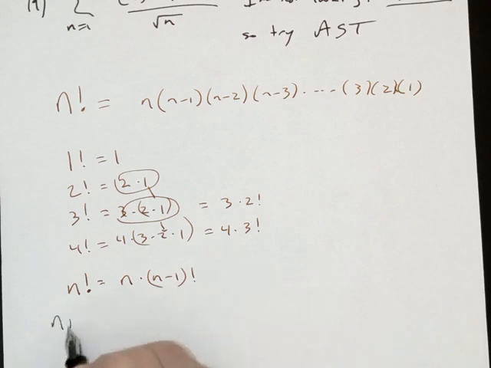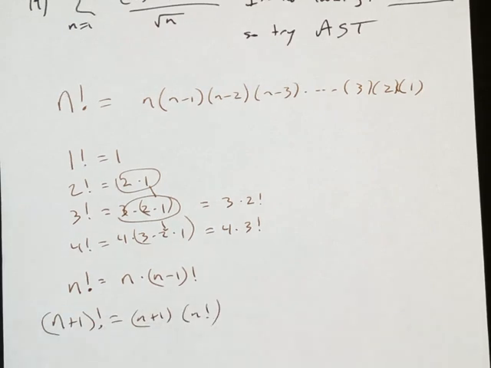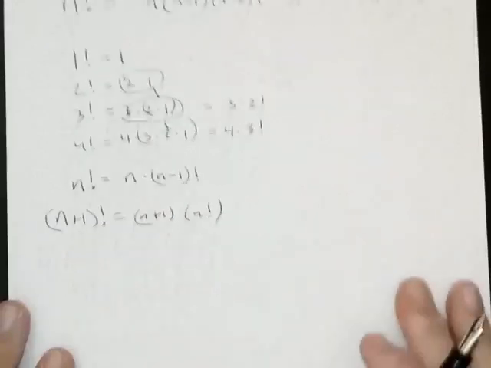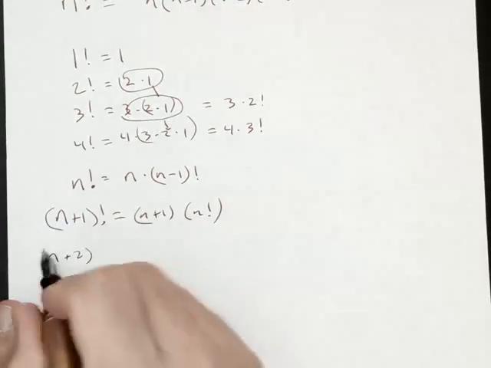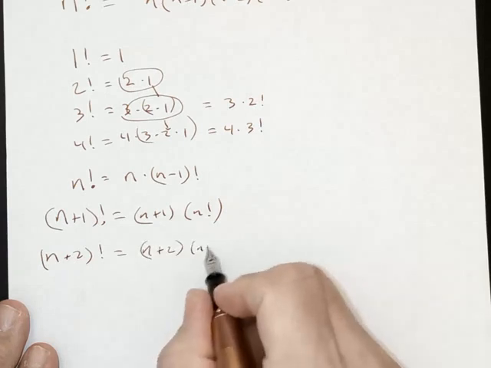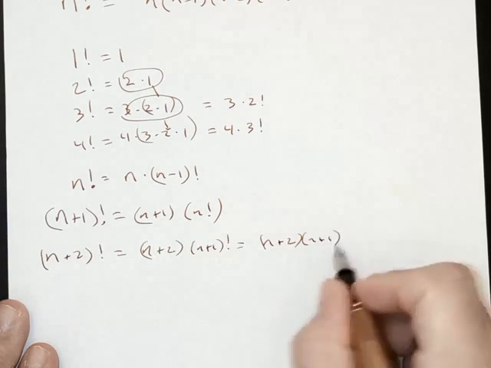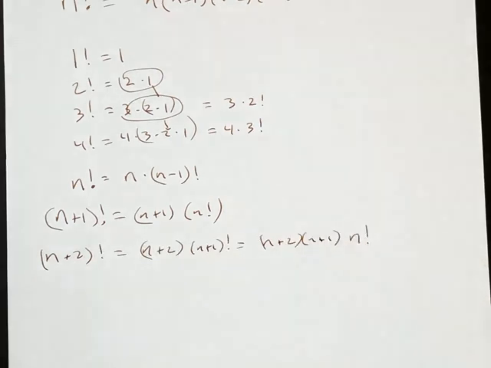Wait a minute, that means that n plus 1 factorial is n plus 1 times n factorial. And that's where I start to see canceling occur. And n plus 2 factorial is n plus 2 times n plus 1 factorial, or I could write n plus 2 times n plus 1 times n factorial. I can write out a bunch of the beginning terms, and then everything from some point down is another factorial.